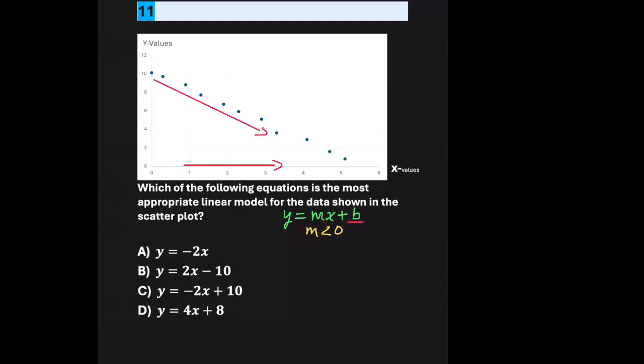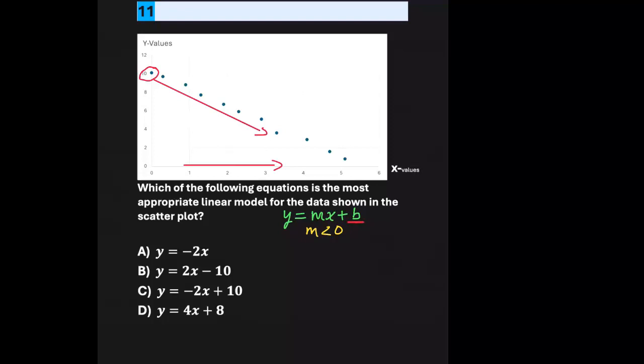The graph touches the y-intercept right here. So the y-intercept is going to be positive. So we're going to look at two things, a negative slope and a positive y-intercept. So let's go through the multiple choices. Choice A has a negative slope. Remember, the coefficient of x is the slope, and we said the slope of this graph is negative.